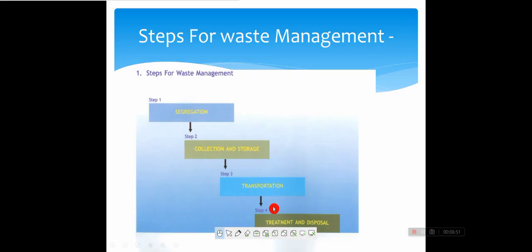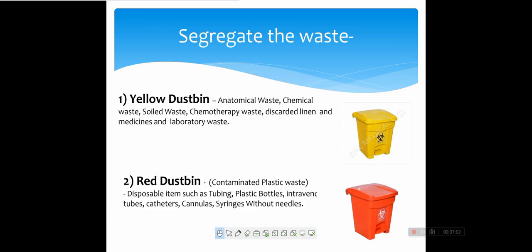And in the fourth step, we have treatment and disposal within 24 hours of waste generation. Then there are various steps to manage the segregation of waste. Firstly, we can see that we use different dustbins for different waste.